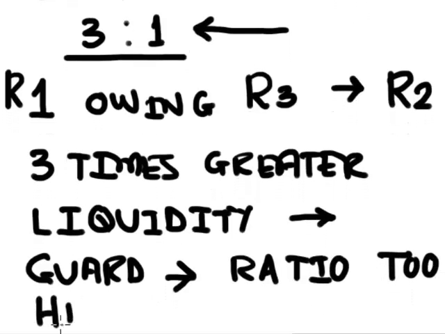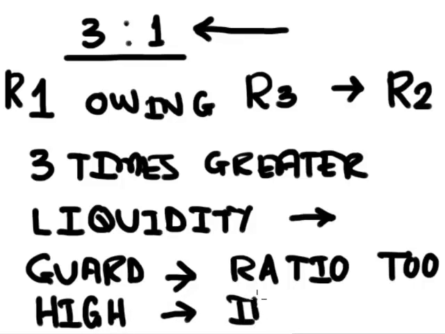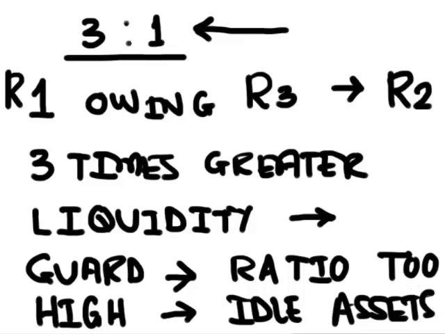We know that if this ratio goes too high, then it would mean that we have idle assets in our current assets. In other words, there would be idle assets which are part of our current assets.